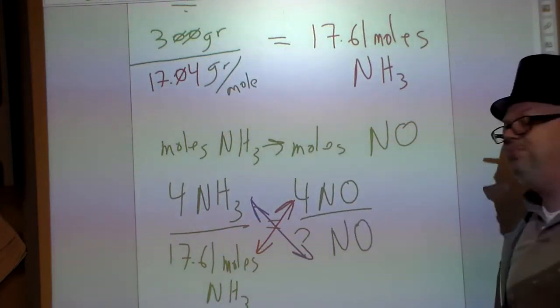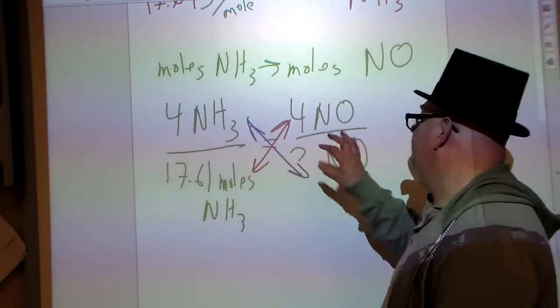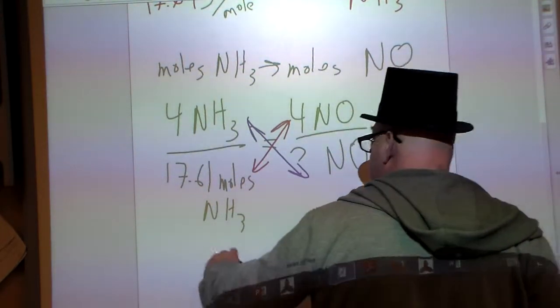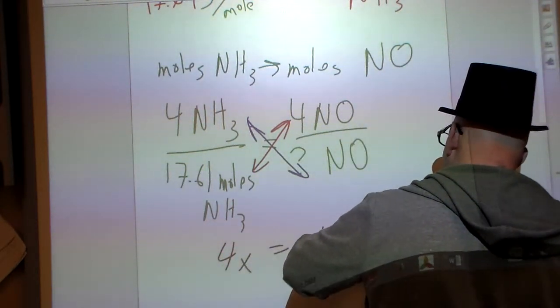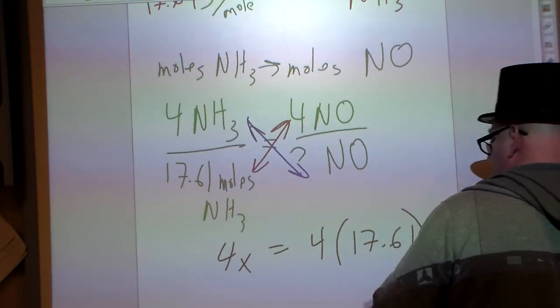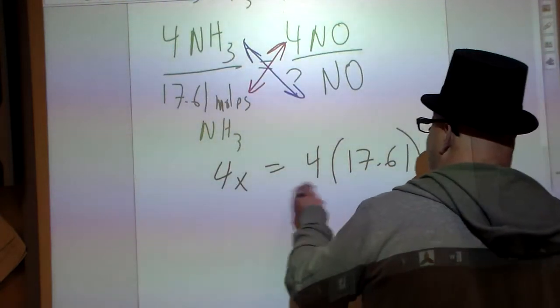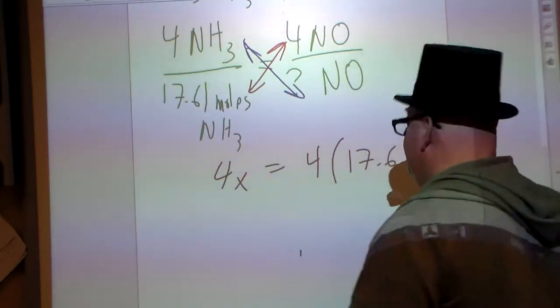Now, in this case, it's pretty straightforward because what you're seeing here, you're going to get the exact same number here. So our final answer, ladies and gentlemen, 4x is equal to 4 times 17.61. Okay, so I multiplied it out, and now I'm going to divide both sides by 4 because we've got 4 on both sides of the equal sign, right?